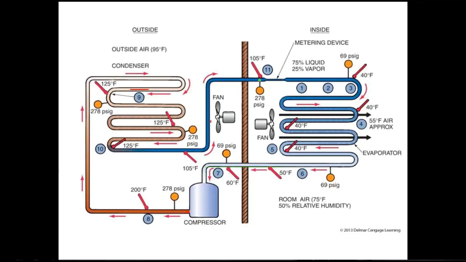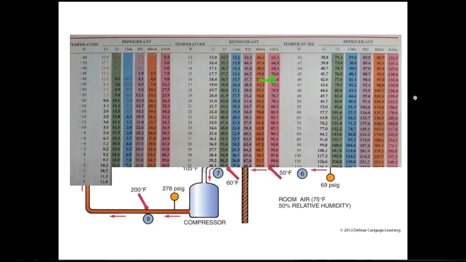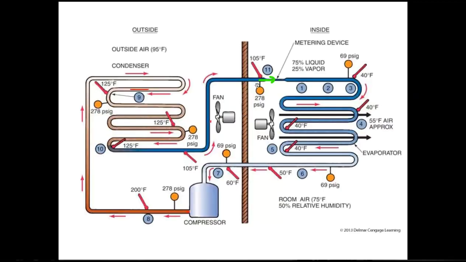We are going to start with 100% liquid refrigerant entering the metering device. And for the sake of this webinar, we are going to think about our metering device as a restriction in our line right here.